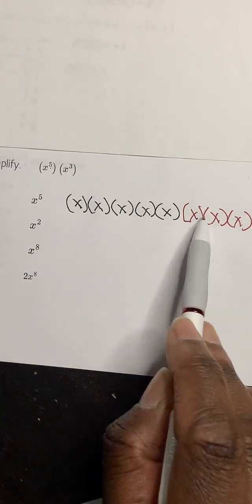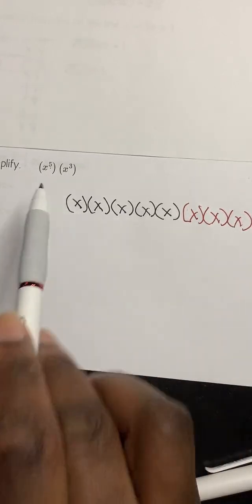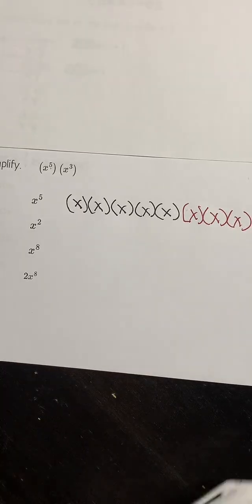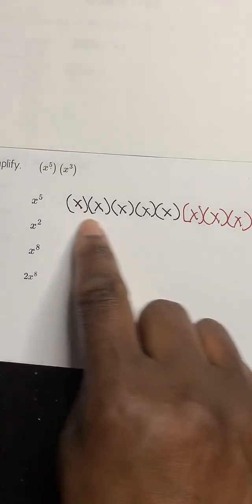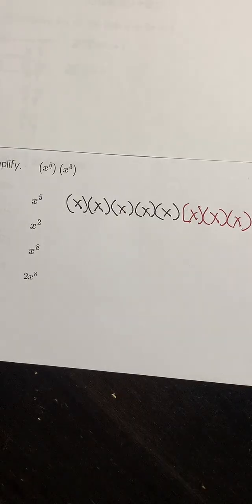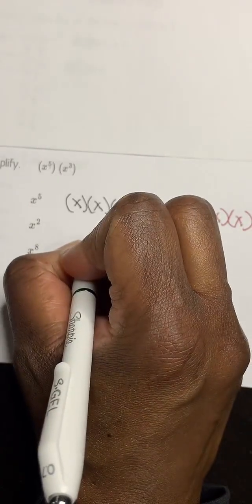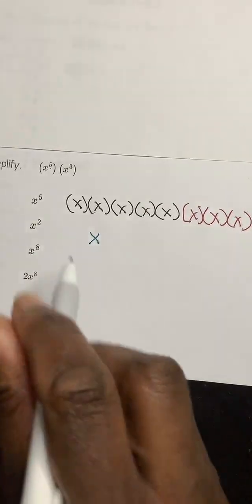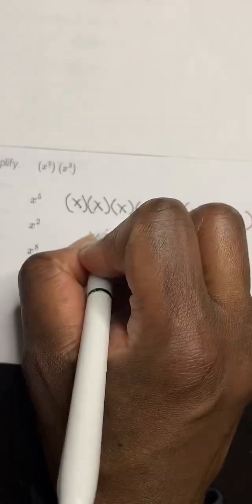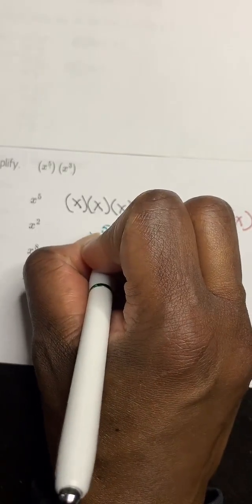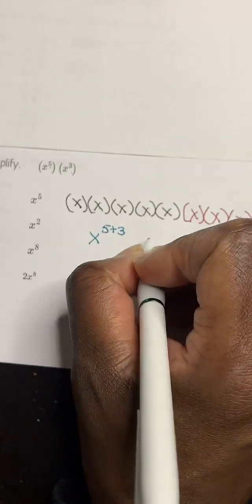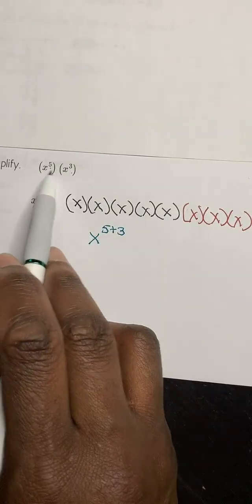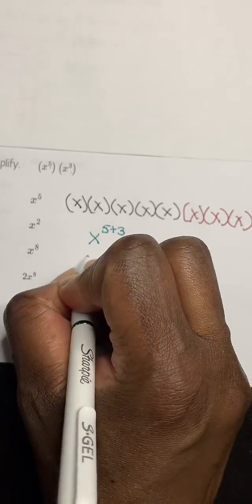So now, you're going to add all your x's. 1, 2, 3, 4, 5, 6, 7, 8. So here's the form. Instead of putting it all out in extended form, all you're basically doing is taking that base, and when you're multiplying, you are adding the exponents. So when you're multiplying, you add the exponents, which gives you x to the 8th.